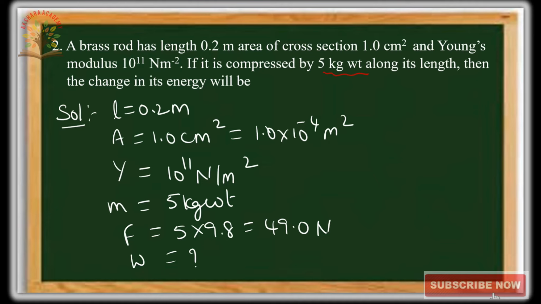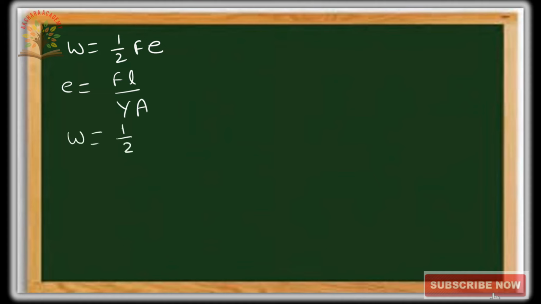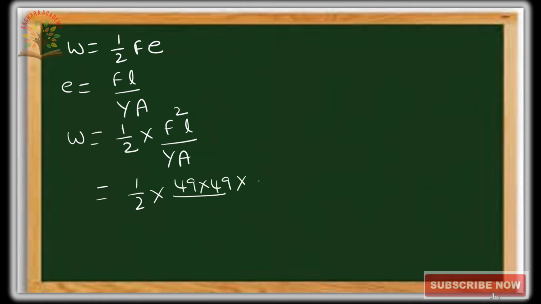Now we will write the formula for W, that is W is equal to half into F e, but e is equal to F L by Y A. So W is equal to half into F square L by Y A. Substituting all values in this, we get half into F value 49 into 49, L 0.2, by Young's modulus 10 to the power of 11, they given, and the area 1.0 into 10 to the power of minus 4.